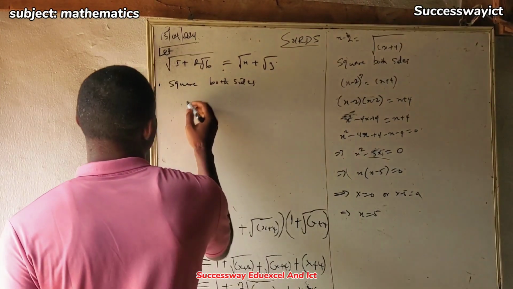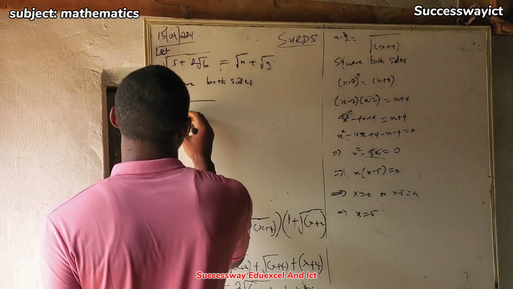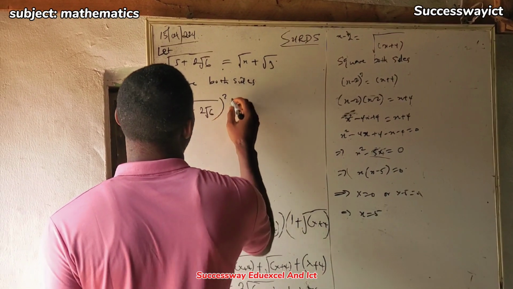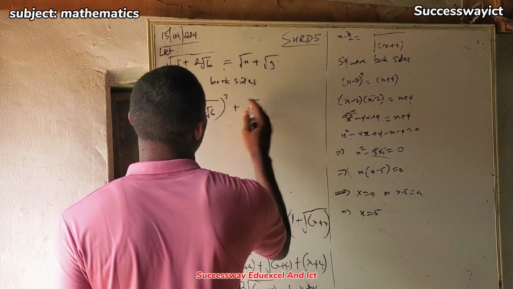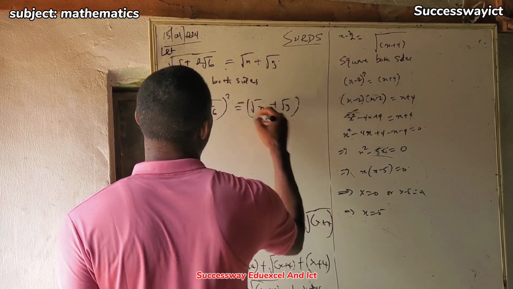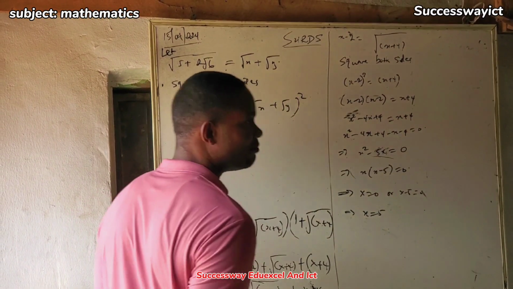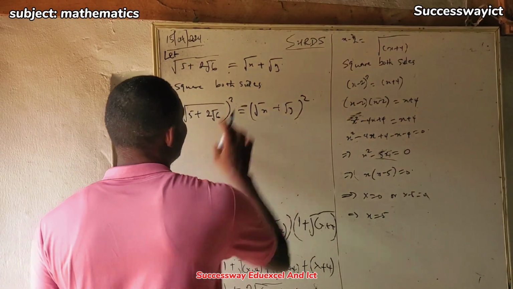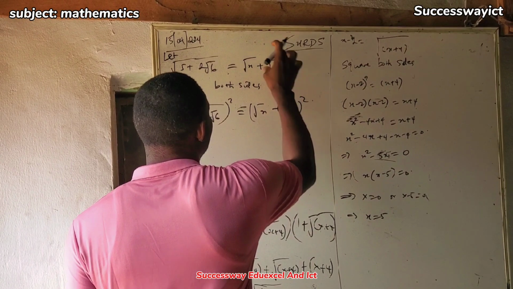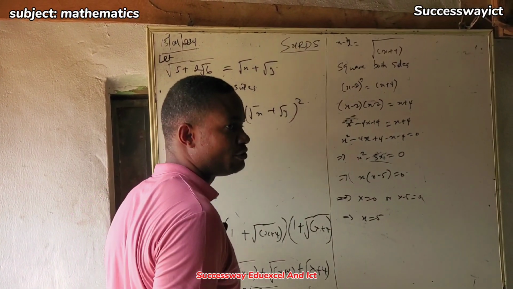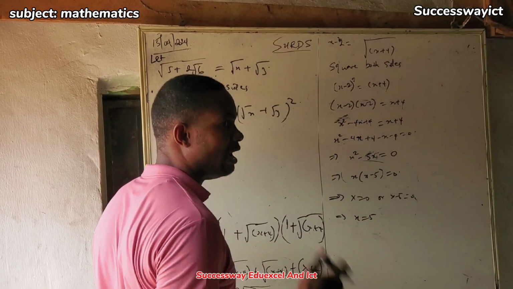When we square both sides, this is the same thing as 5 plus 2 root 6 all squared equal to root x plus root y all squared. Remember, it is x and y we are trying to find. When we find x and y, we put them here and here. It becomes the simplified version of this surd. Our problem is solved. Are we together?